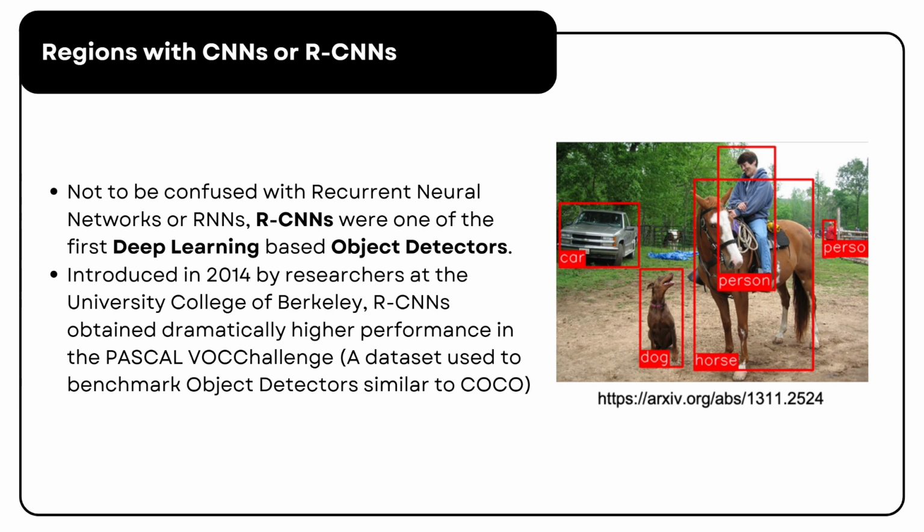Okay, so now we're on this new lesson regarding one of the earliest deep learning breakthroughs in object detection, the RCNN, which stands for region-based convolutional neural networks.